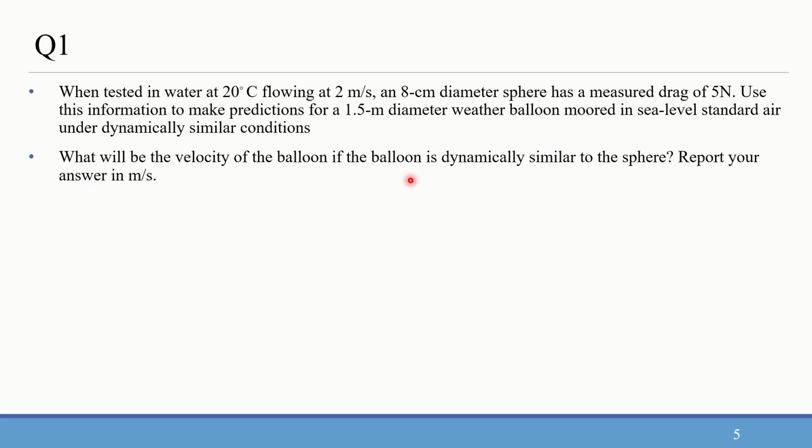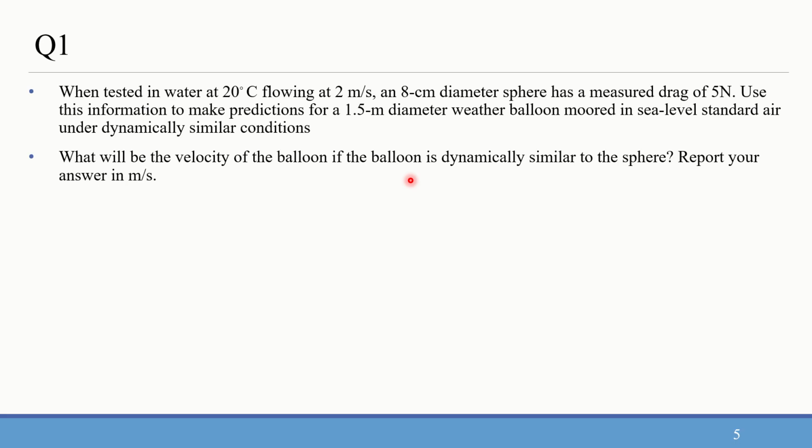So it satisfies geometrical similarity, it satisfies kinematic similarity, because before that we have those conditions, right? So it is dynamically similar. We can use that information to further calculate the velocity of the balloon.